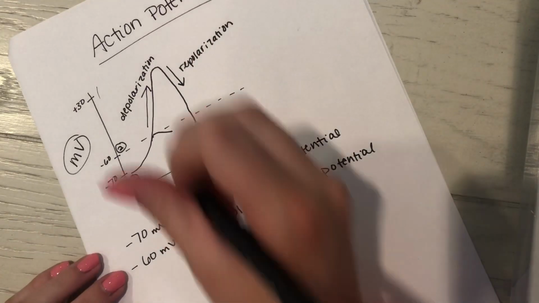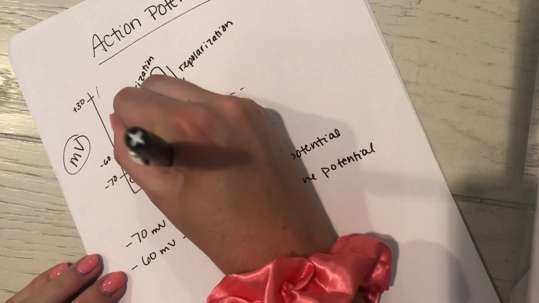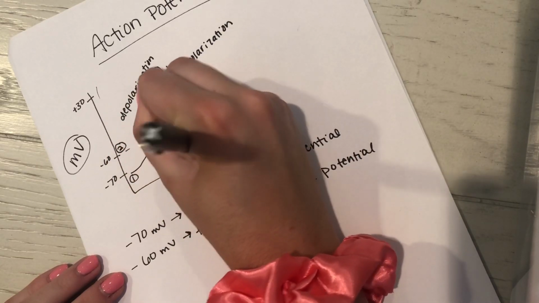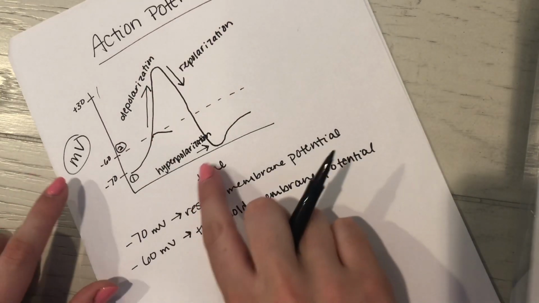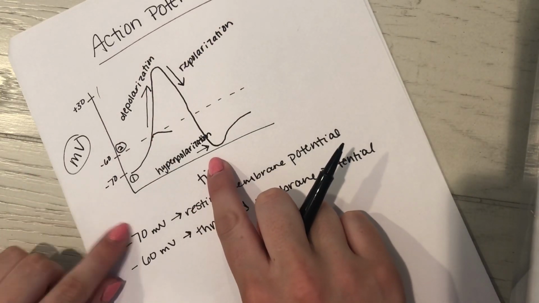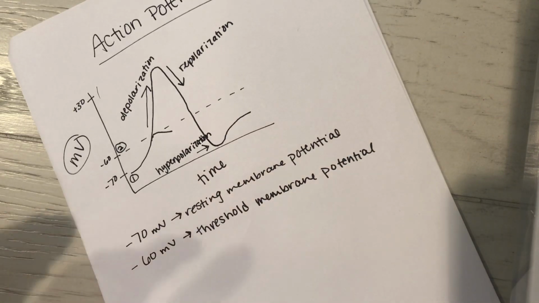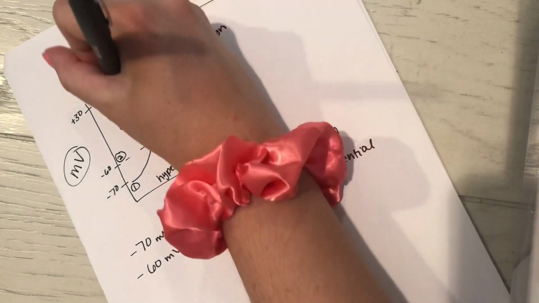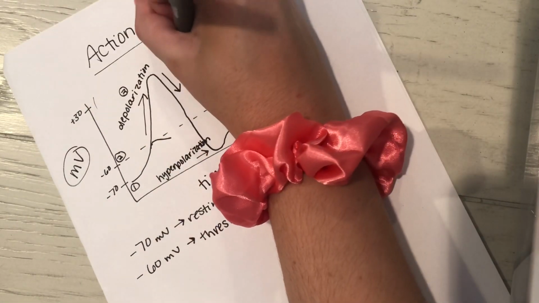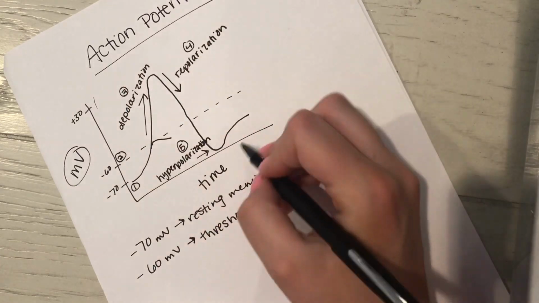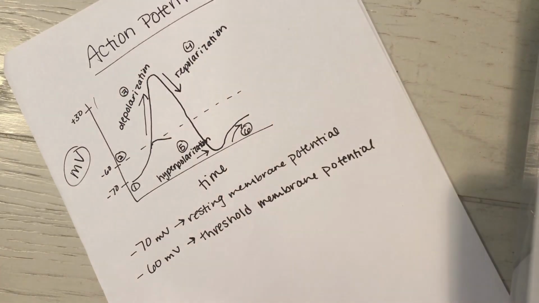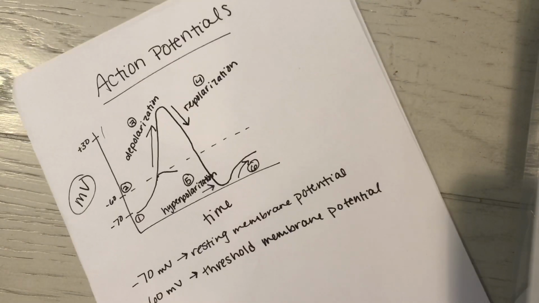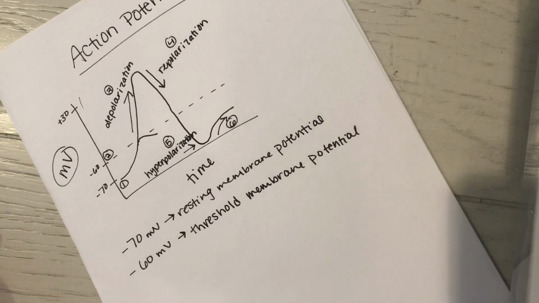That's hyperpolarization, when we see our charge go below -70, so it's even more polarized. And then we see it going back up to our resting membrane potential when the action potential is complete.